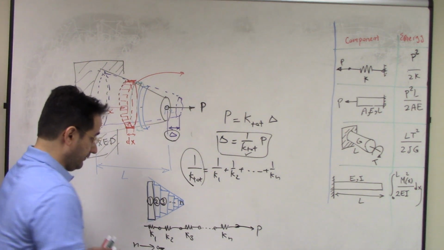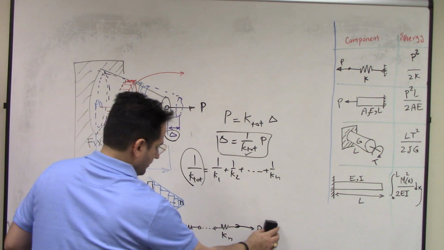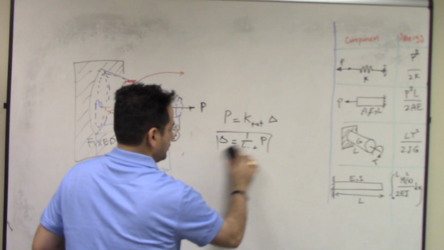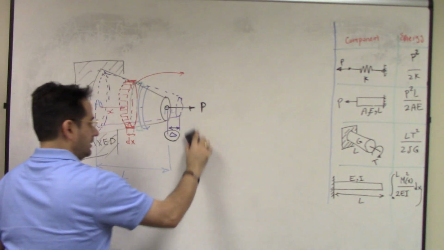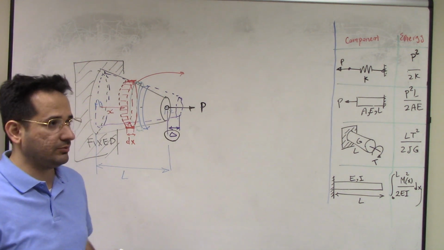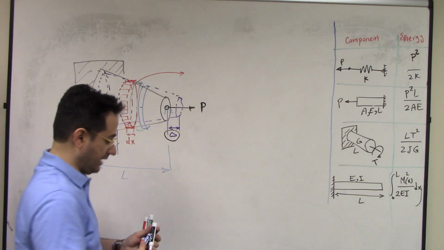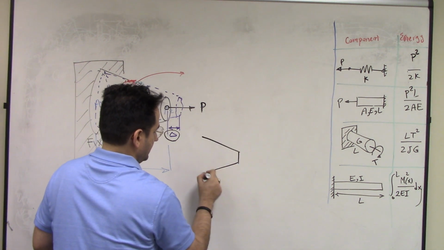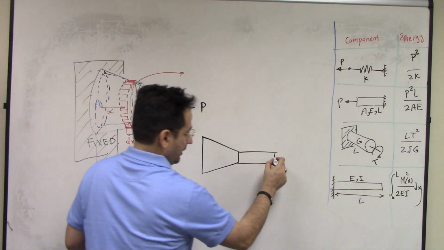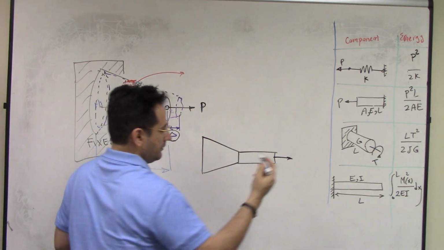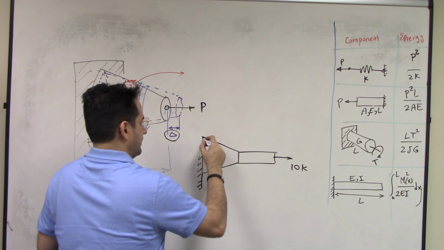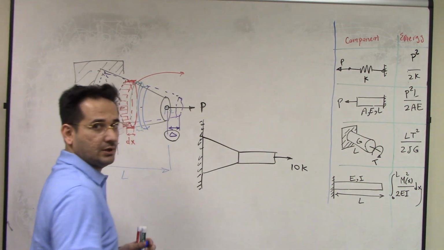Now let's say you find the formula. Then when you find the formula, you can use it in problem number 4, right, or problem number 5, the last problem. The last problem, we have a composite beam like that, and then you have some loading on it. For example, let's say you have 10K here, and let's say this is fixed. Right?